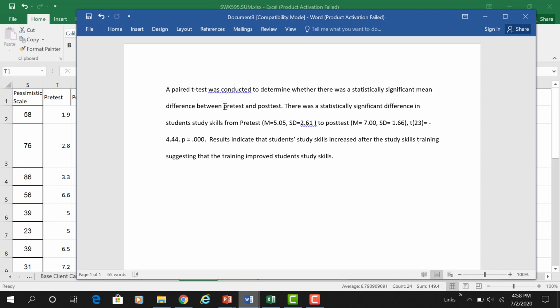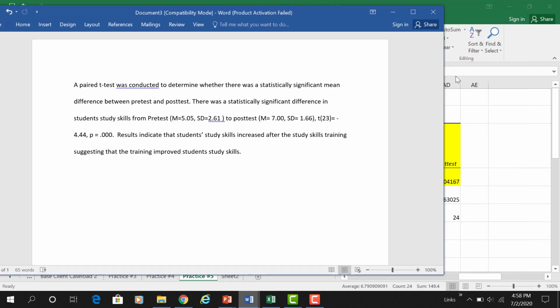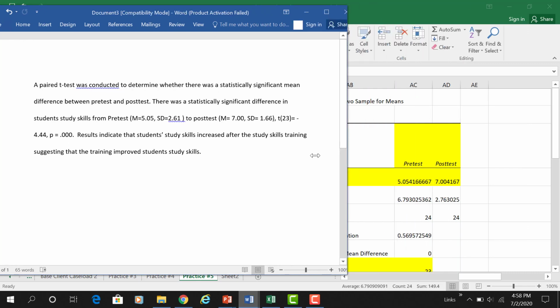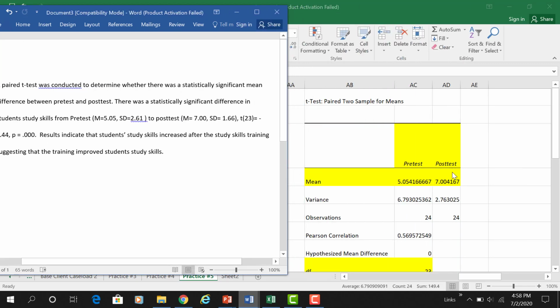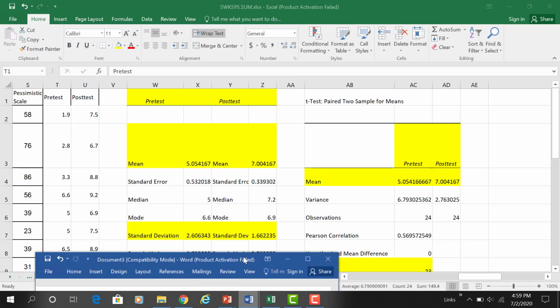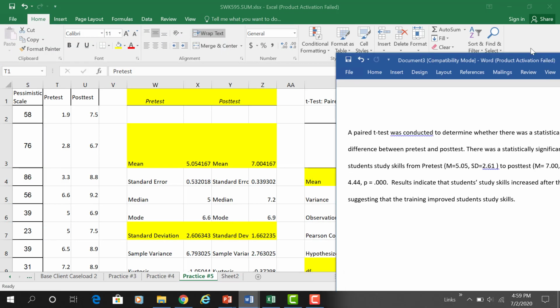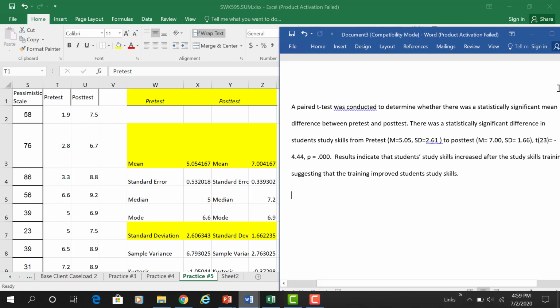There was a statistically significant difference in student study skills from pre-test, which had a mean of 5.05 with a standard deviation of 2.61, to post-test, which had a mean of 7.00 with a standard deviation of 1.66.